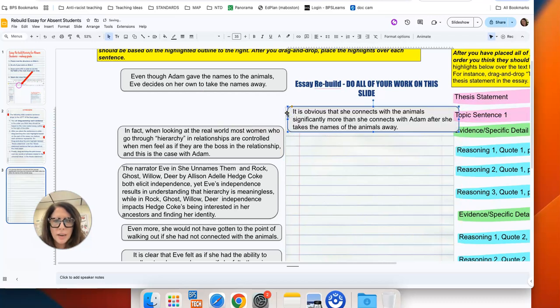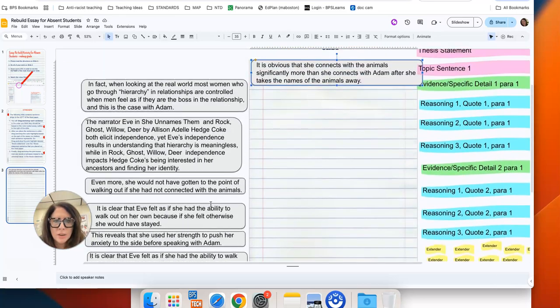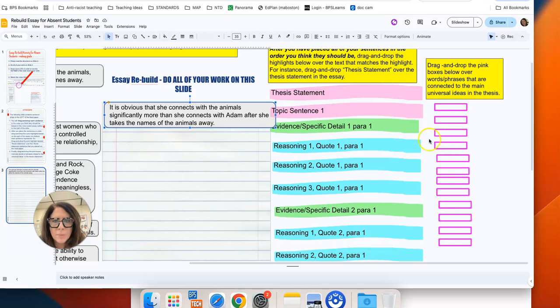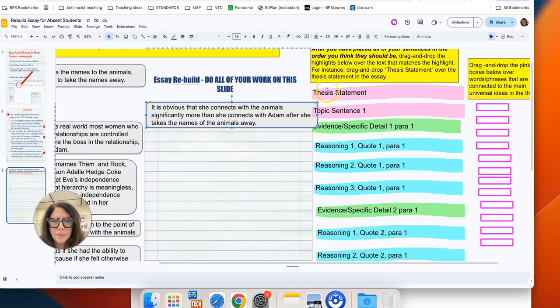Once you've done that for all of these sentence strips to the left, you then want to come over here and say, okay, if this is my thesis statement, click the box, hover over it until you get this little cross, and then put that there if it is your thesis. This is the best way that I could do highlighting for absent people.